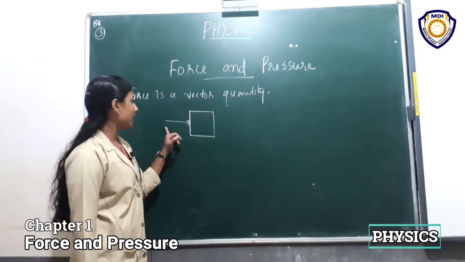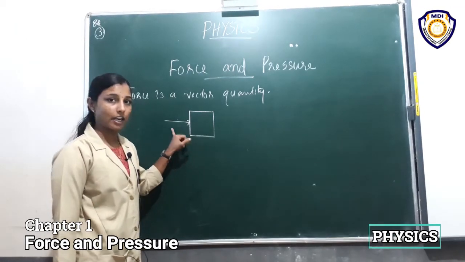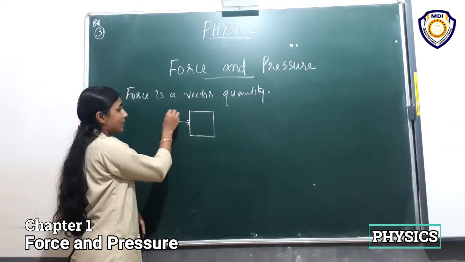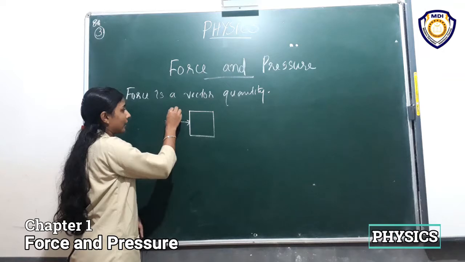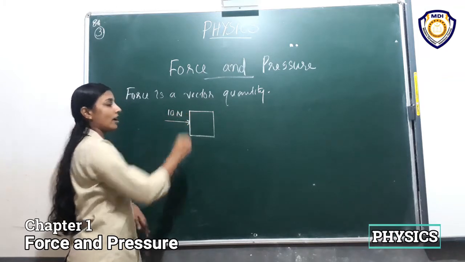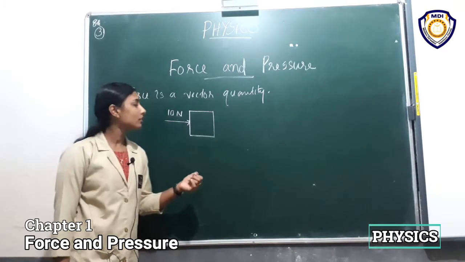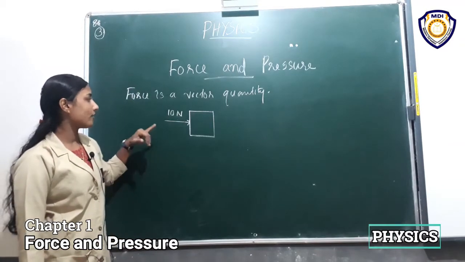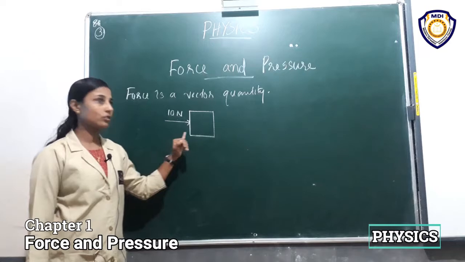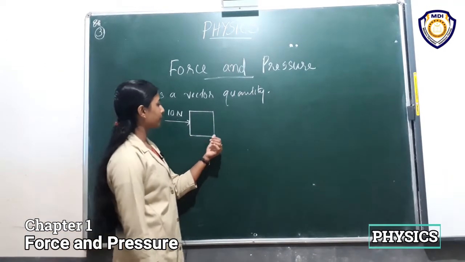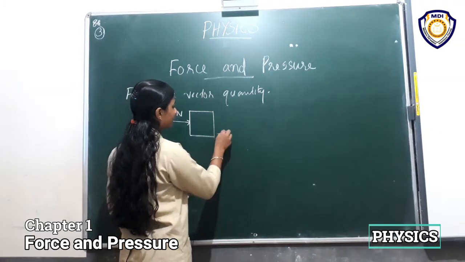When we are applying a force in this direction, suppose it has a magnitude of 10 Newton. Newton is the unit of force, right? So, we are applying a force of 10 Newton on this box, and it may move a little.